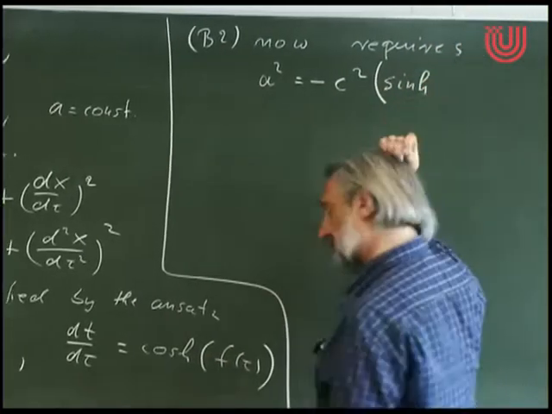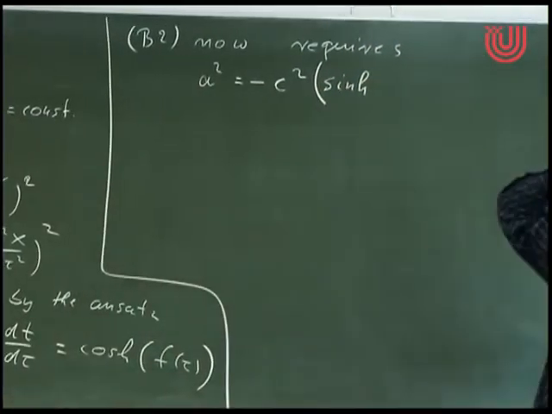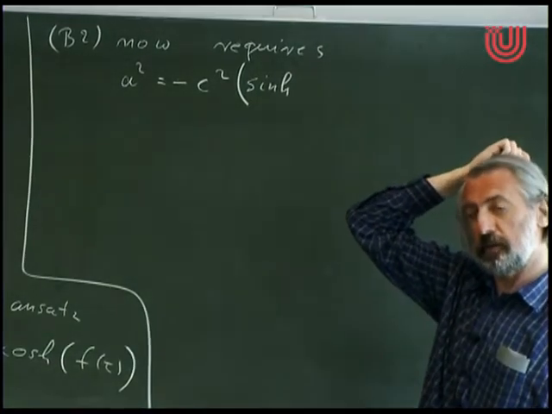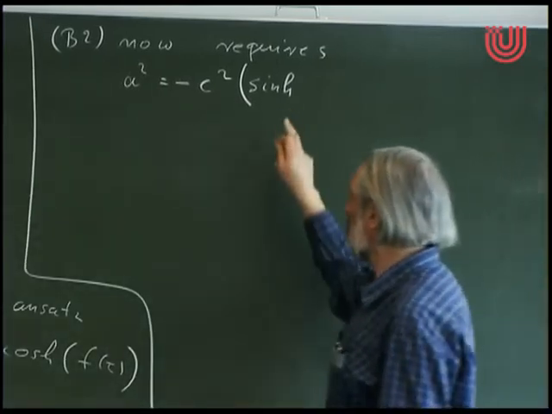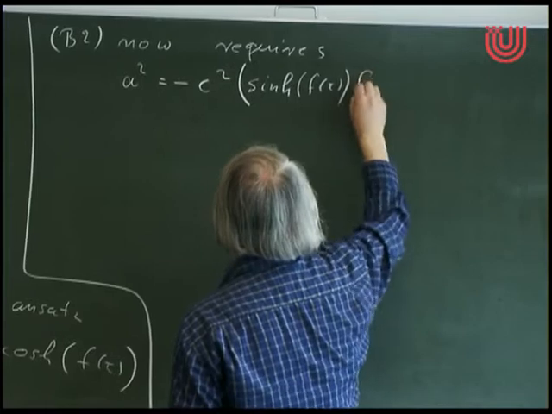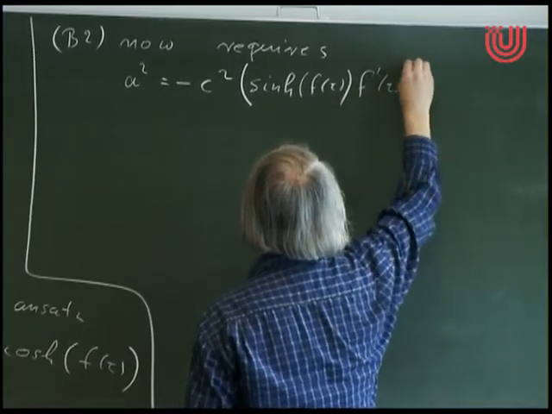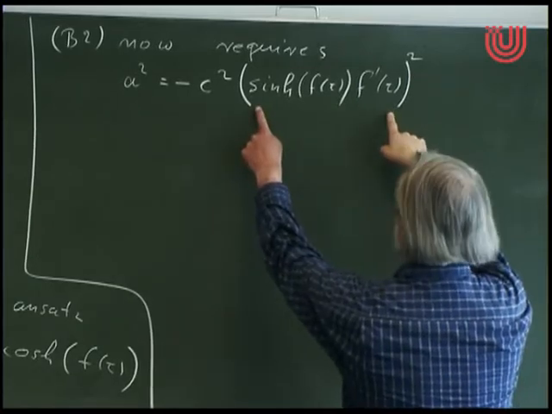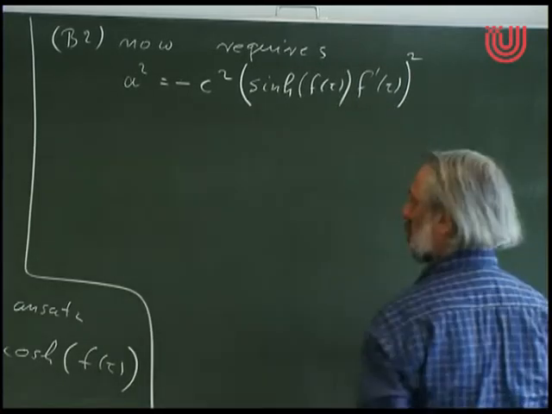The nice thing with the hyperbolic functions is that you always get a plus sign if you have derivatives. With sine and cosine, you always have to keep in mind where's the minus sign. With the hyperbolic functions, you always get plus signs. Sinh of f of tau, and the inner derivative is f prime of tau, and the whole thing squared. So this is the second derivative of t with respect to tau, and this squared.